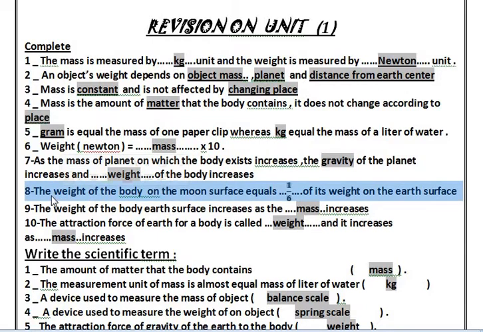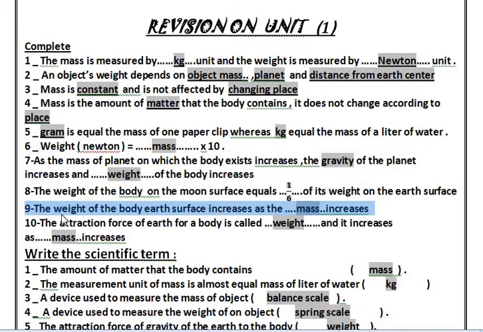8. The weight of a body on the moon surface equal 1/6 of its weight on the earth's surface. وزن الجسم على القمر أقل ب6 مرات من وزنه على الأرض. Number 9. The weight of a body on earth's surface increases as what increase?